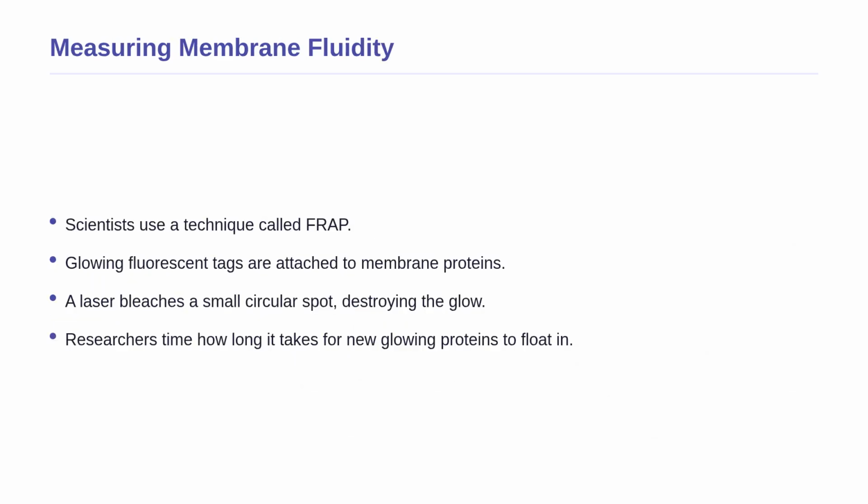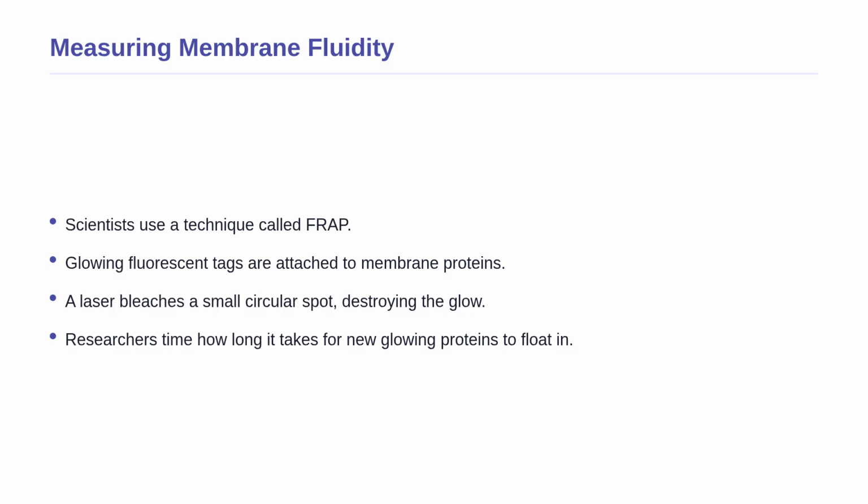Having seen the fluid nature of the membrane, we must ask, how do we actually measure how fluid or liquid-like it is? Scientists use a brilliant technique called fluorescence recovery after photobleaching, often abbreviated as FRAP. In this method, researchers attach glowing fluorescent tags to membrane proteins.